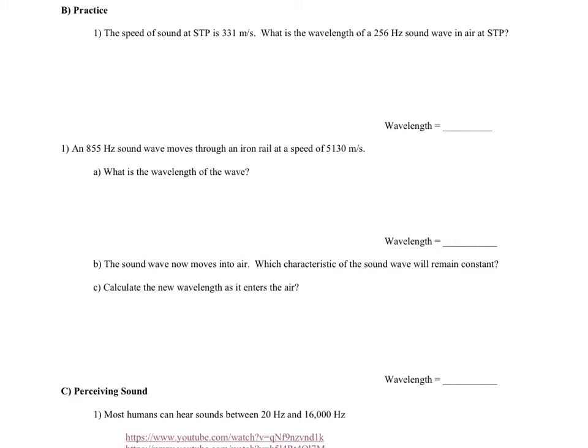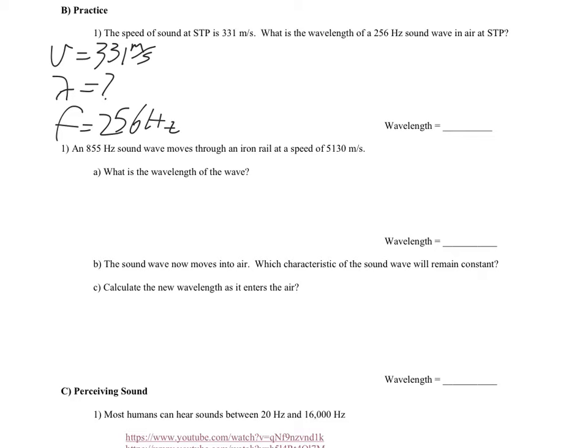So just looking at a few practice questions here. The first one says the speed of sound at STP is 331 meters per second, so I'll write that as my first given. What is the wavelength if the frequency is 256 hertz?